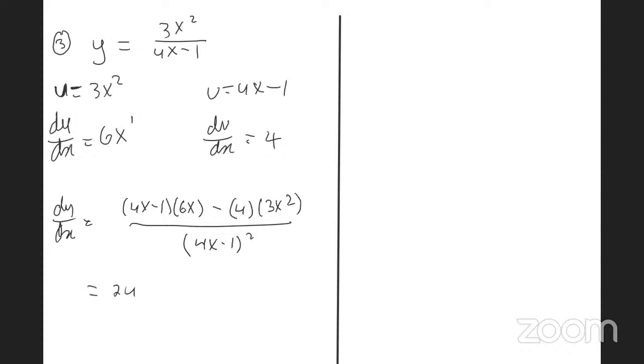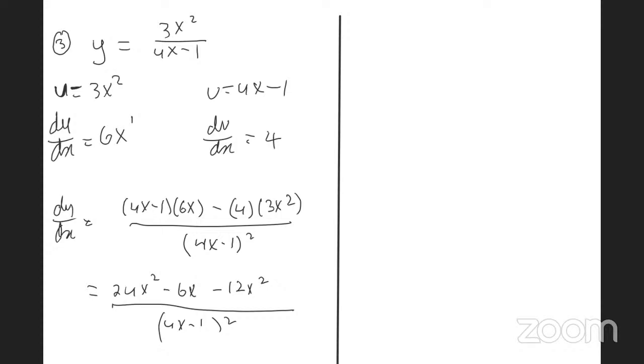So you're going to get 24x squared minus 6x minus 12x squared all over 4x minus 1 squared. Don't try to expand the denominator. Leave it like that. We hardly have any situations where we actually expand it out. Good job, Katrina.